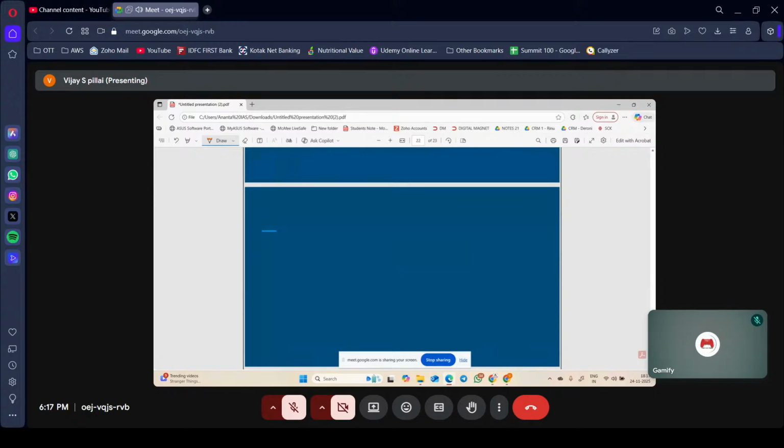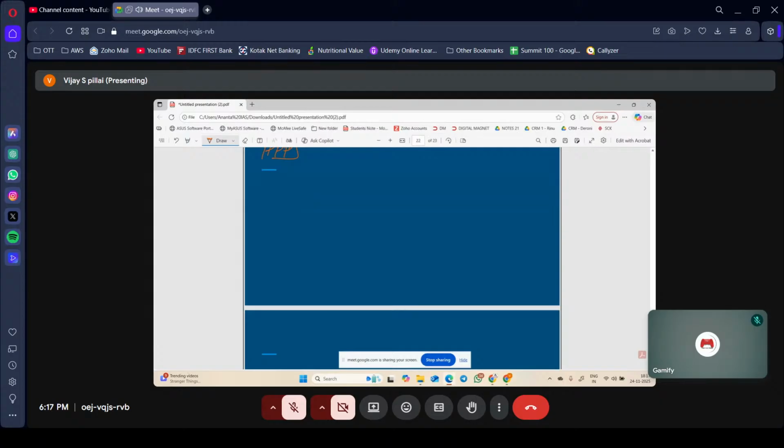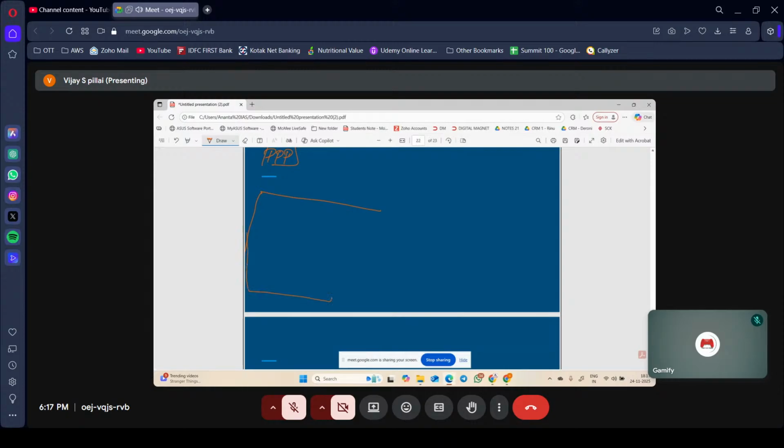What does PPP, purchasing power parity, mean? Let's draw a diagram first of all. This is a basket in India and this is a basket in USA.